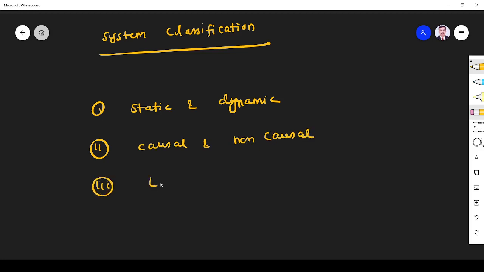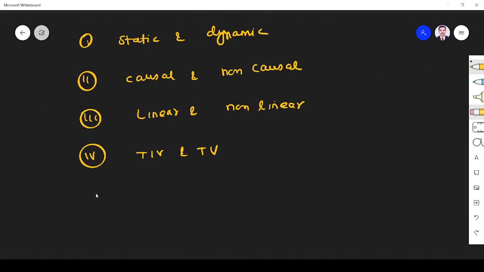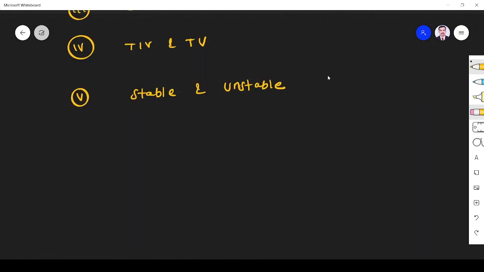Third, linear and non-linear. Fourth, time invariant and time variant. Fifth, stable and unstable. Fine. Okay.